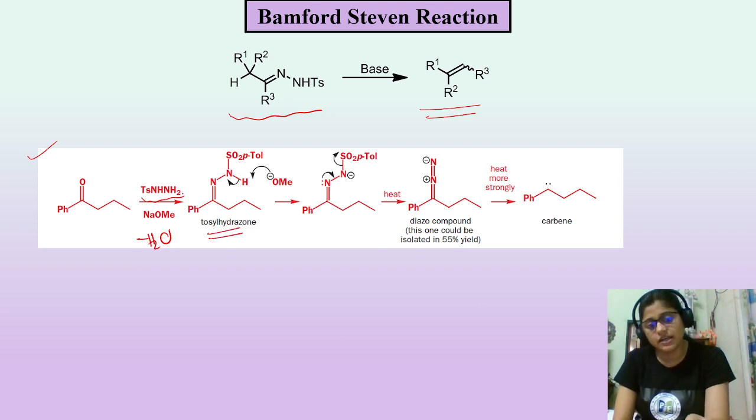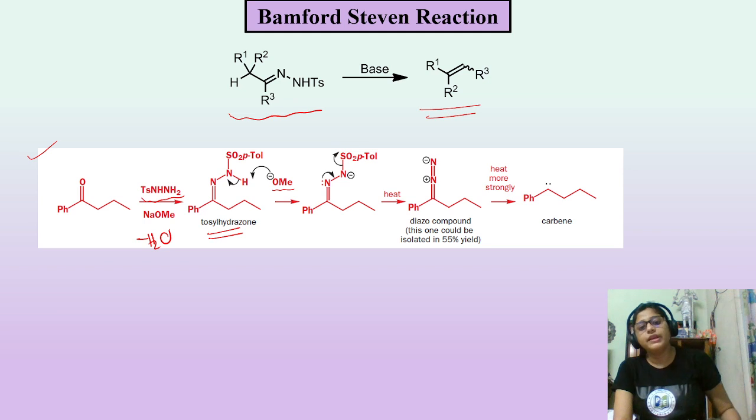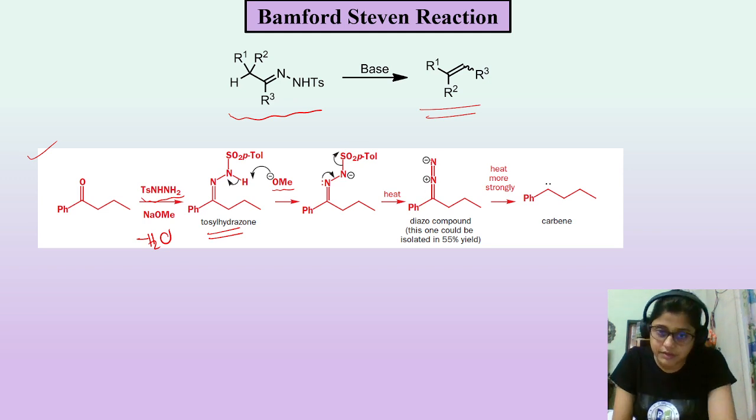Then after that, as OMe is present, it will abstract this proton and a negative charge will be formed here, and this group will again be removed and this lone pair will be there here.